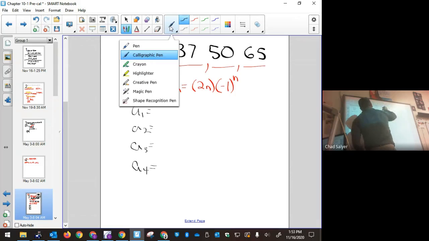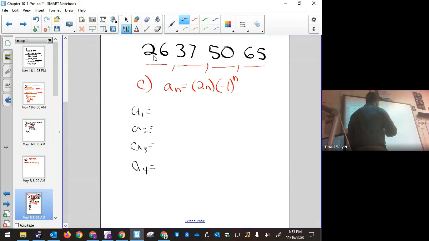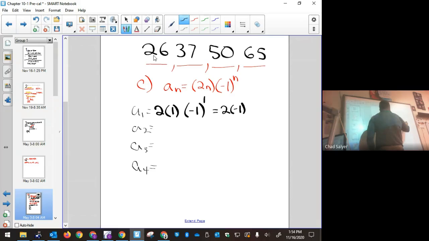So let's figure out these. First of all, a sub 1, I just plug 1 in for n here. So 2 times 1, and then times -1 to the first power. So 2 times 1 is 2, -1 to the first power is -1. So that'll be -2. Don't forget PEMDAS.